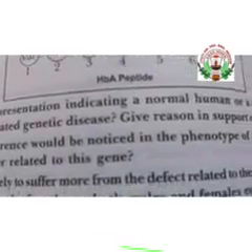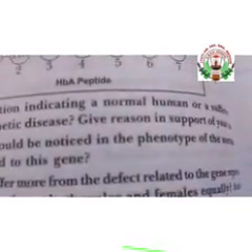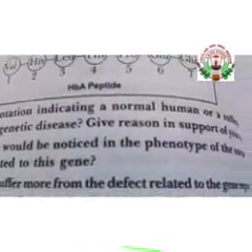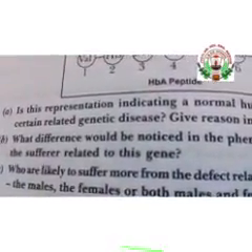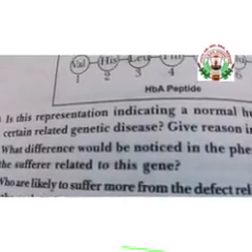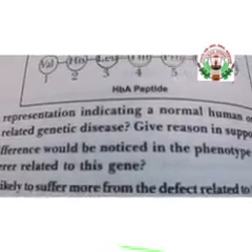The next question is, what difference would be noticed in the phenotype of the normal to the sufferer related to this gene? What difference can you notice in the phenotype?